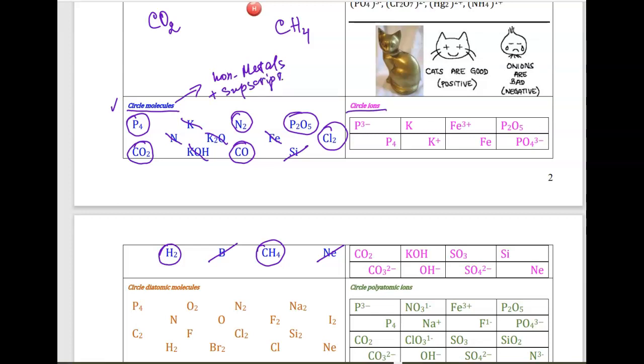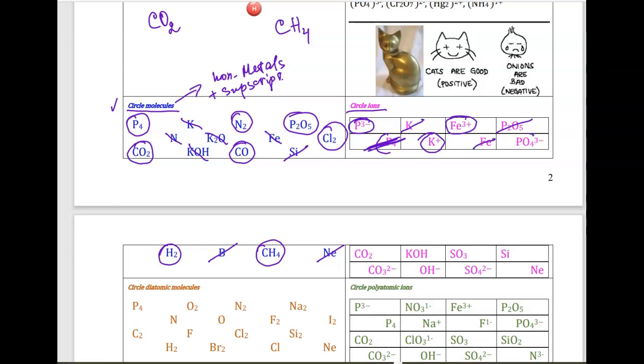Okay, when you need to circle ions, you need to remember that ions have a charge. So P 3 negative, it's an ion. K, no charge, it's an atom. Iron 3 plus, it's an ion. P2O5, no charge. It's not an ion. P4, not an ion, no charge. K plus has charge.